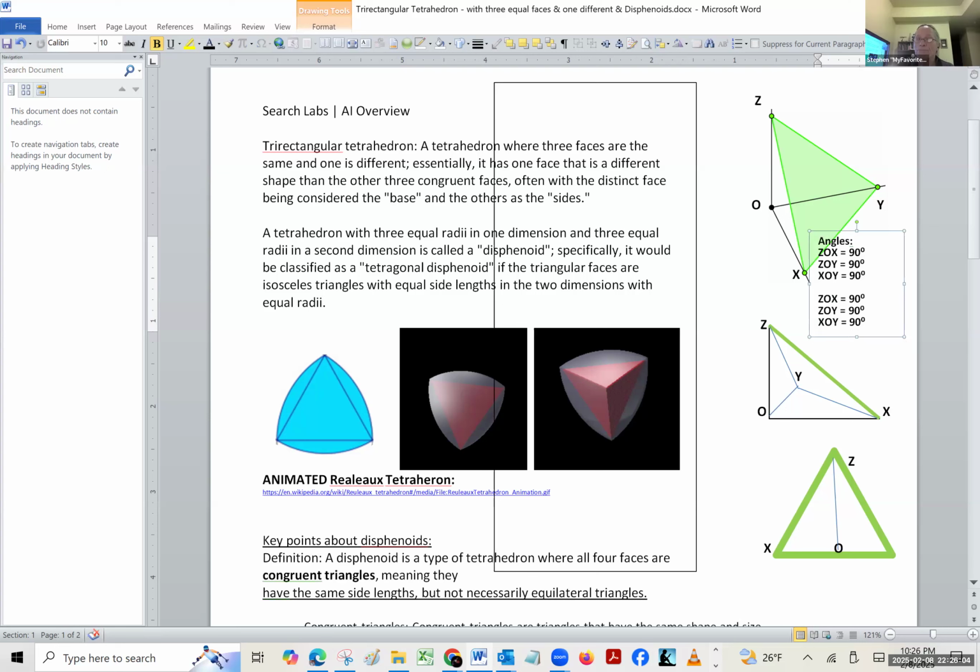So if we measure X, Z, Y, we have 60 degrees. And if we measure ZYX, we also have 60 degrees.